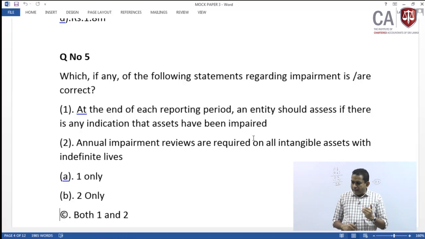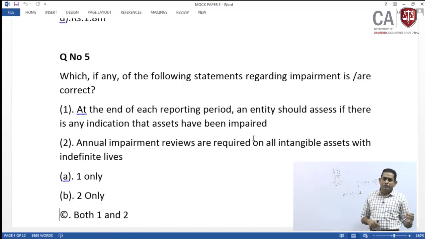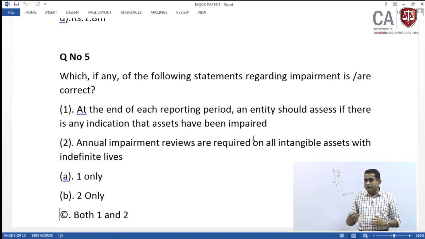Then the first one: at the end of each reporting period, an entity should assess if there is any indication that assets have been impaired. Irrespective of whether it is an asset that requires annual impairment review or otherwise, you need to see whether there are indications that show the future cash flows are not as much as we expected.